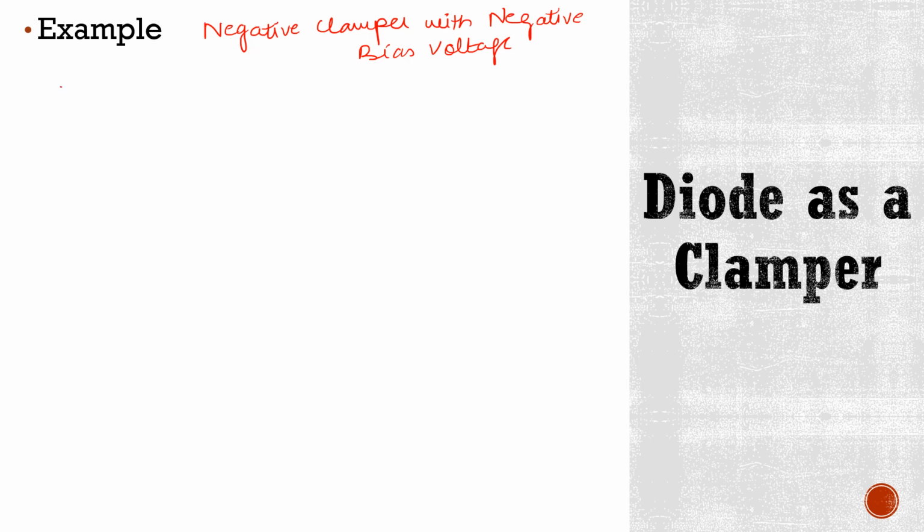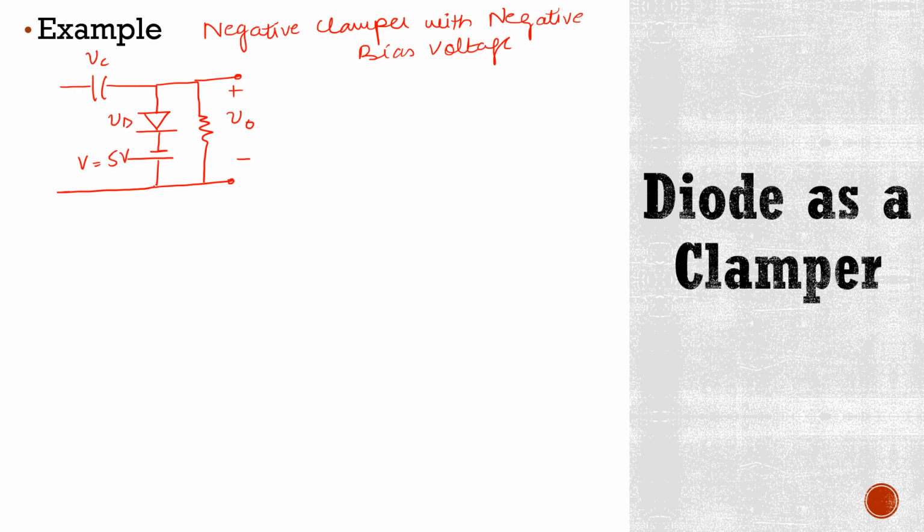Now this circuit will look like this, where this diode is connected to negative terminal, and we know that this is the direction of diode in negative clamper. Here you have resistor, and here voltage drop across this resistor is V0, this is plus, minus, and again this DC battery is of 5 volts here. Here you have VC, here you have VD.